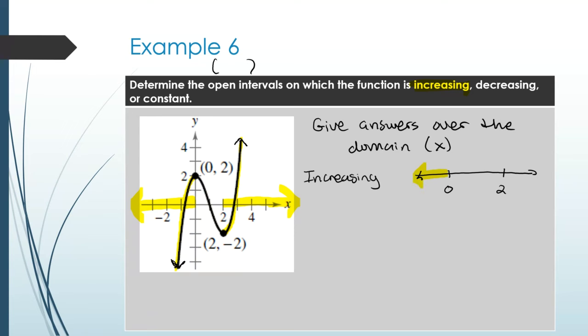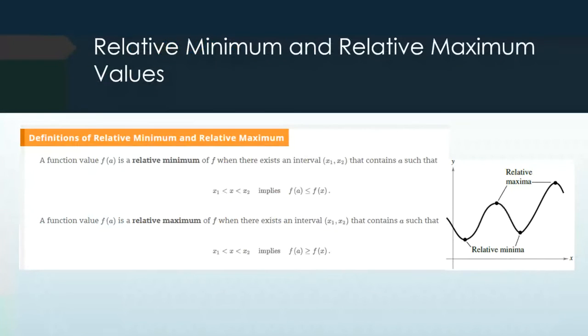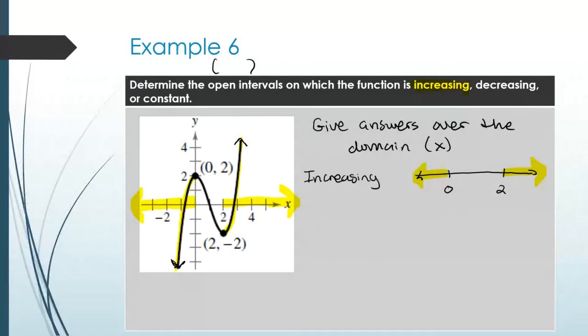I am increasing for all numbers that are less than 0, and all numbers that are greater than 2. These are open intervals, so I need to use parentheses. So I'm increasing from -infinity to 0 and from 2 to infinity.